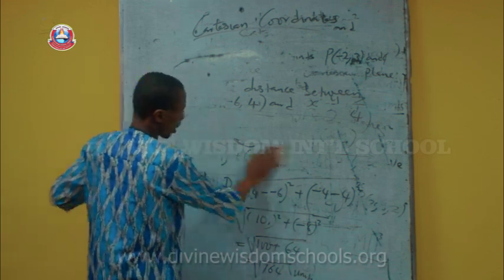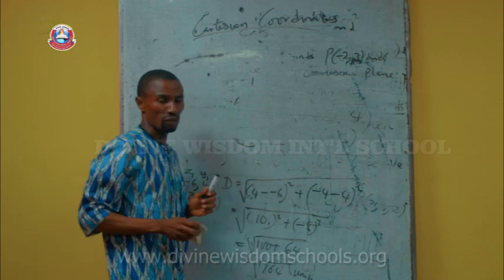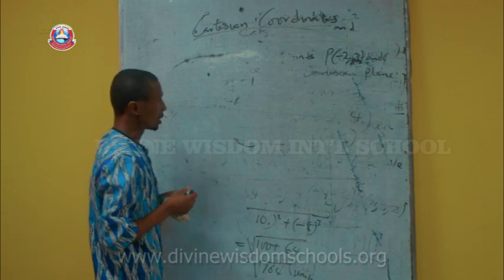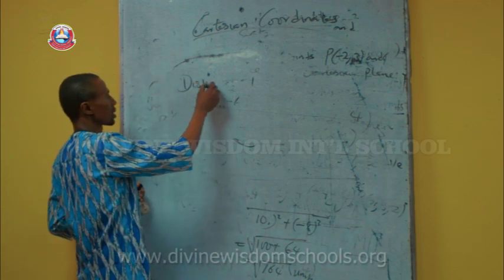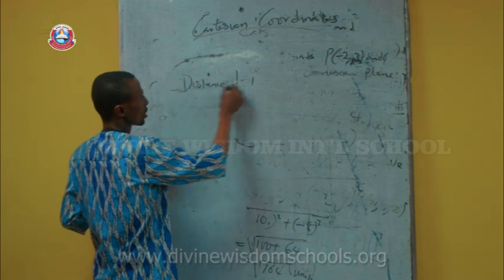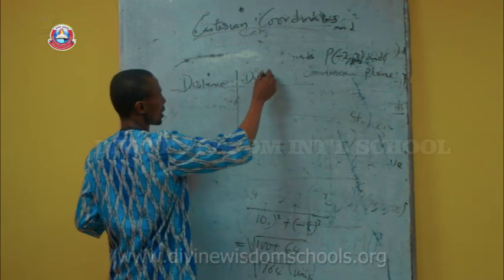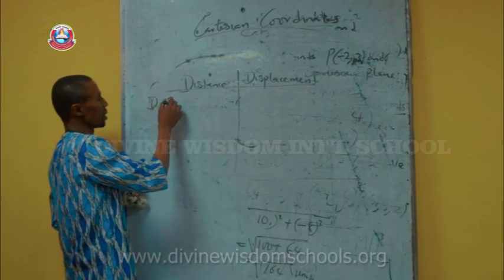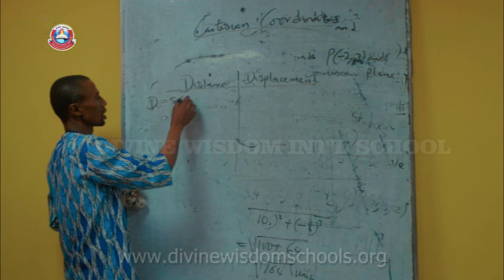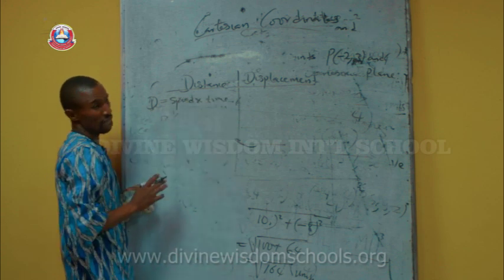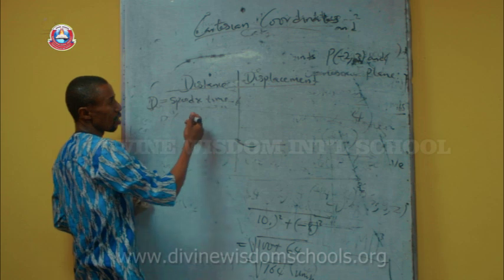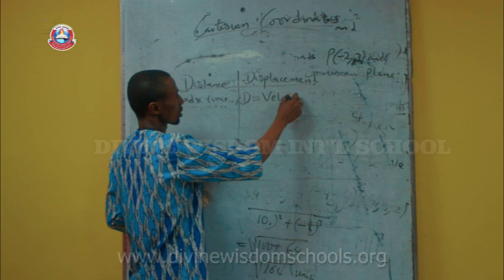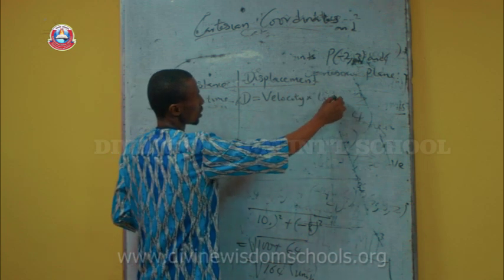The next we are going into is the frame of reference. But before we go straight to the frame of reference, we want to distinguish between distance and displacement. What is the difference between distance and displacement? The first: distance is speed times time, because speed is distance over time, while displacement, which is also d, is velocity times what? Time.